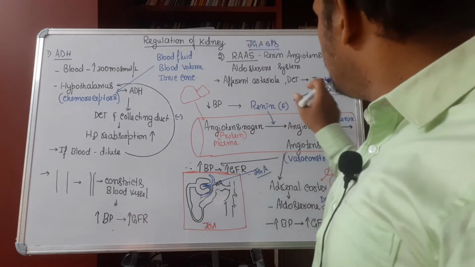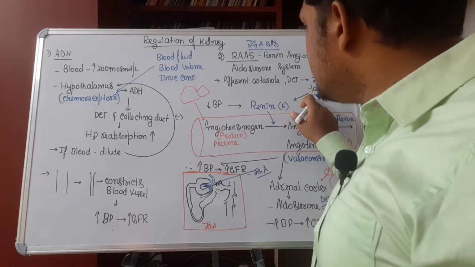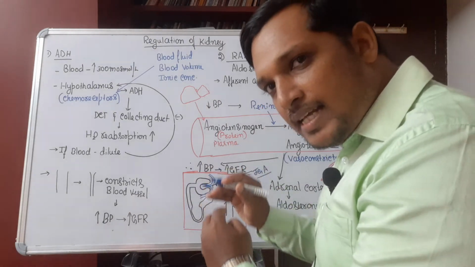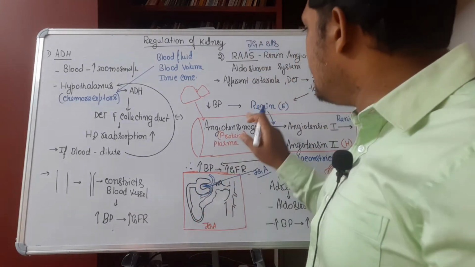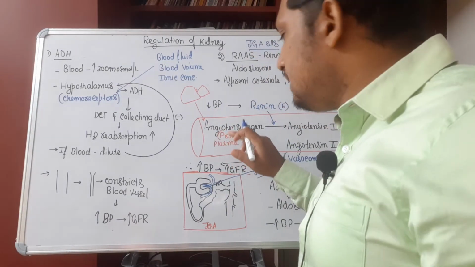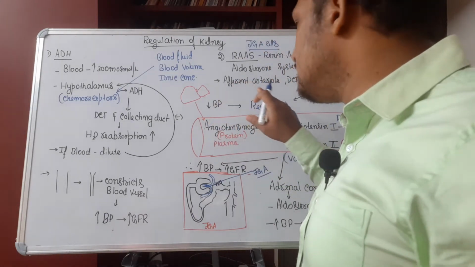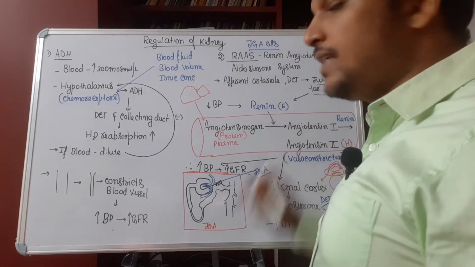These juxtaglomerular cells, when there is a decrease in blood pressure in the nephron, glomerular filtration will also be less. So to increase the glomerular filtration rate, whenever there is a decrease in blood pressure, there will be secretion of an enzyme from the JG cells known as renin.